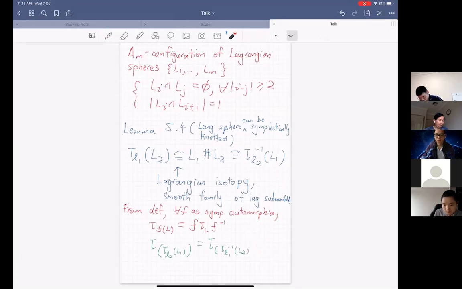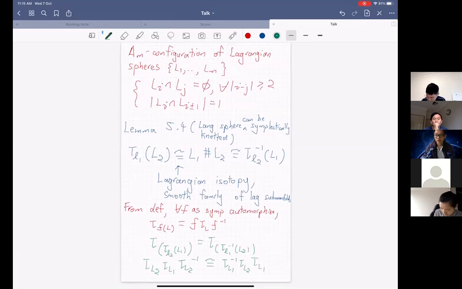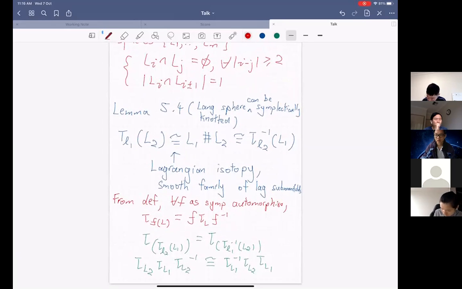This lemma will imply this equality, right? And then if you use this formula again, you expand the property out, what you get is actually the braid group relation after rearranging. So at first maybe you get this, and then second you will get this: L1 T L2 T L1 T L2 T L1 T L2.